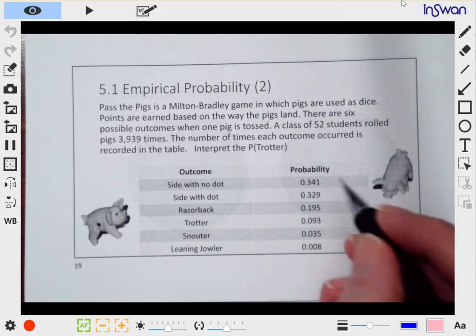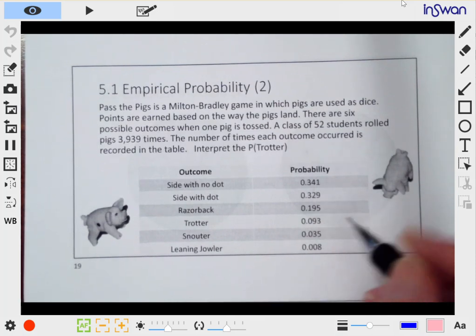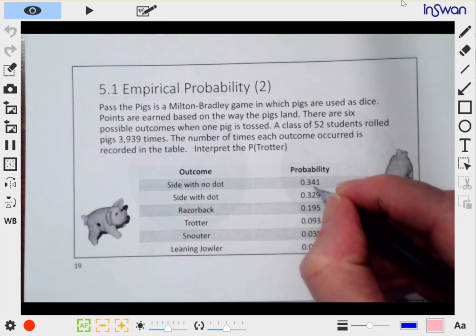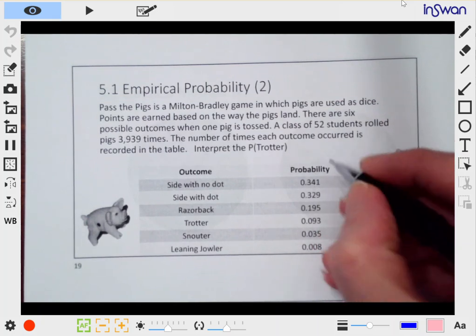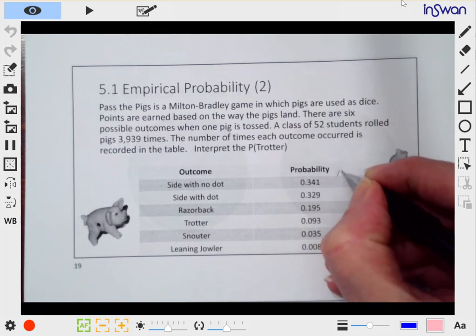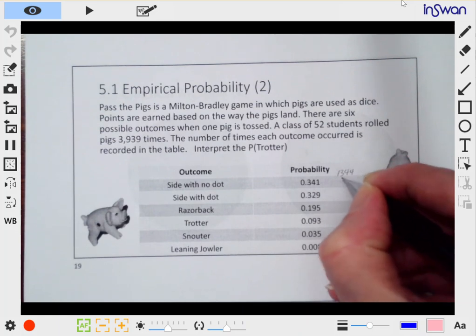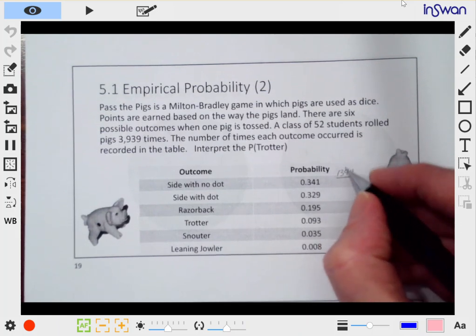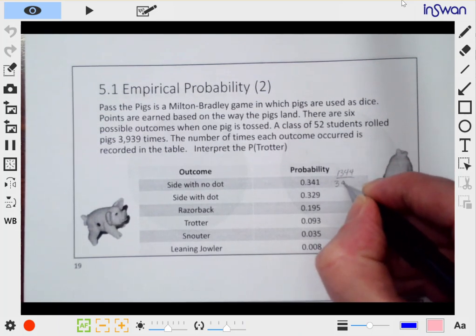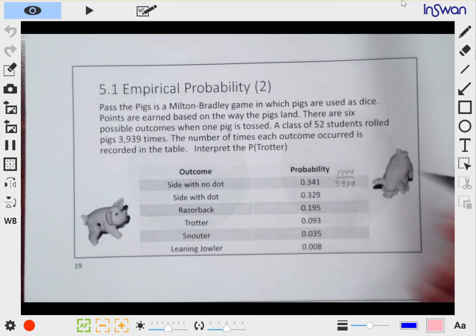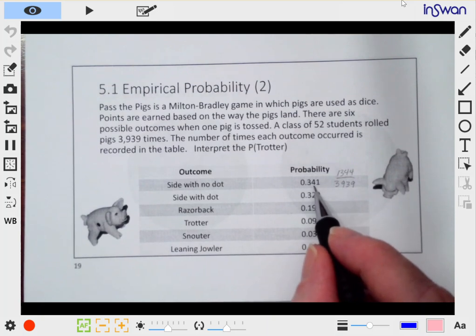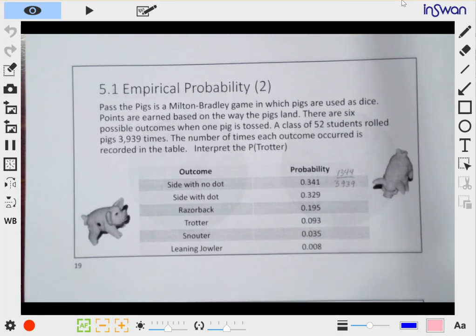And so now we have the probabilities of each. So for example, this first probability of 341 thousandths, you get by dividing 1344, which was the frequency, by 3,939, the total of all frequencies. And if you do that division, you do get this number here to 3 decimal places.